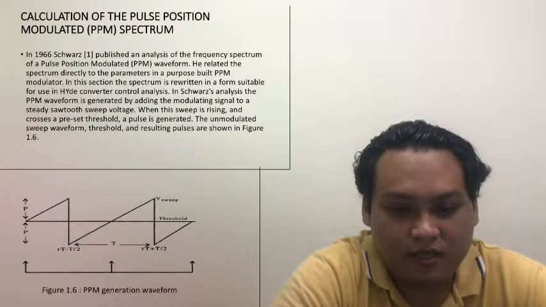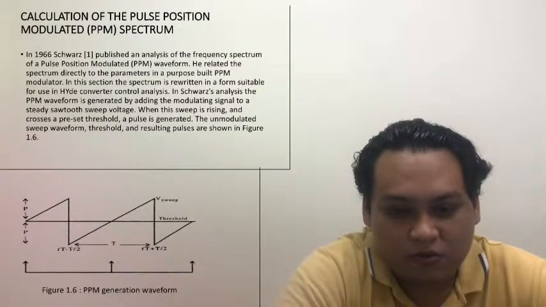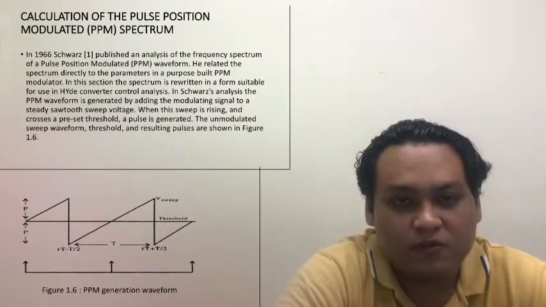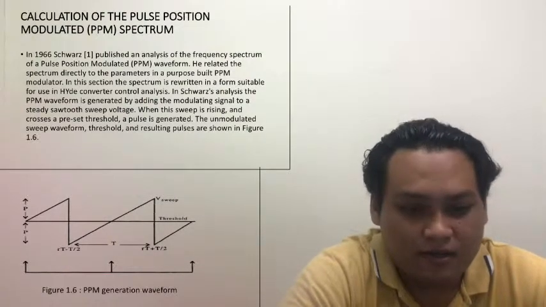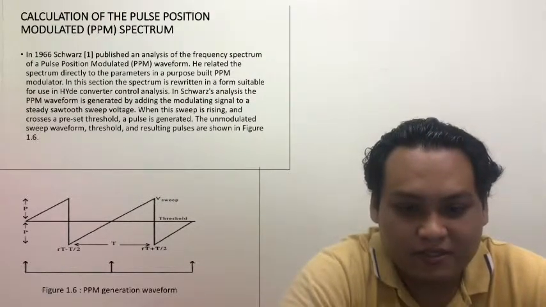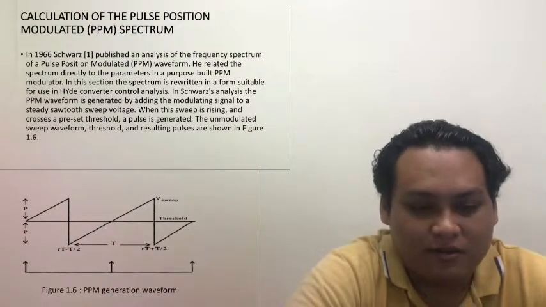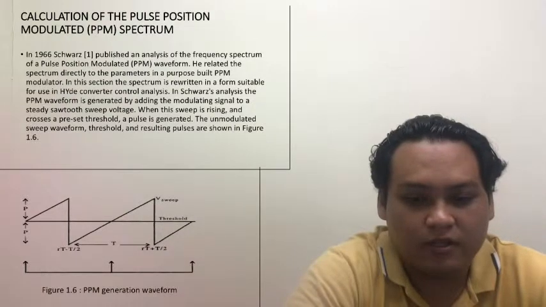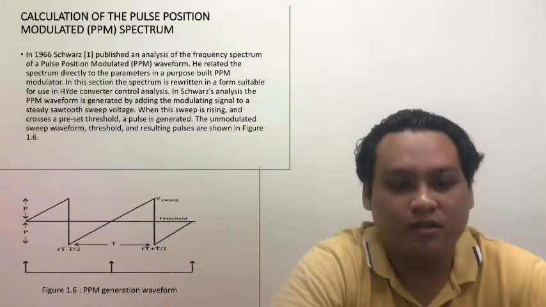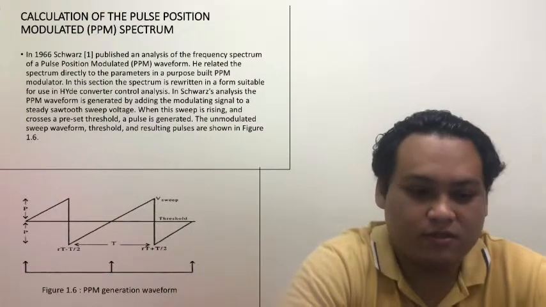In Schwartz's analysis, the PPM waveform is generated by adding the modulation signal to a steady sawtooth sweep voltage. When this sweep is rising and crosses a preset threshold, a pulse is generated. The unmodulated sweep waveform, threshold and resulting pulses are shown in figure 1.6.